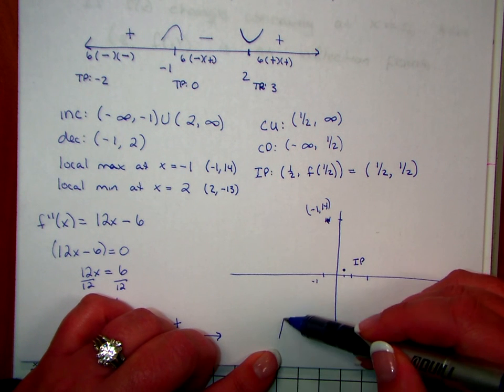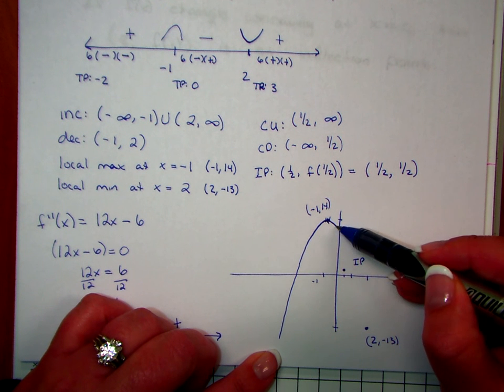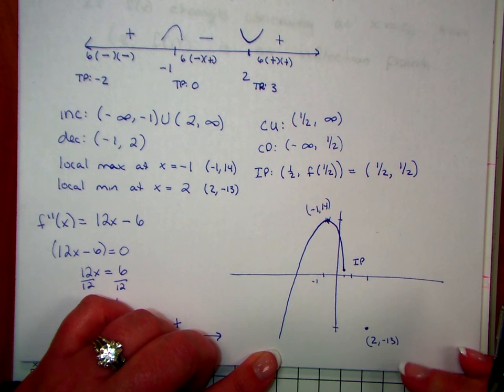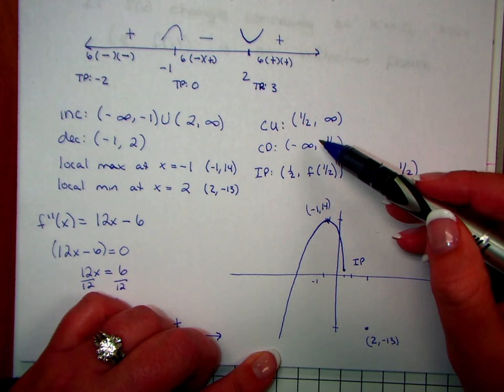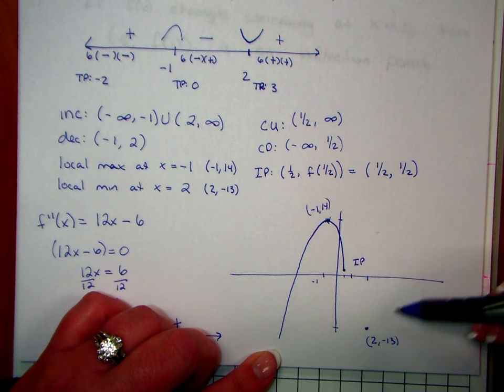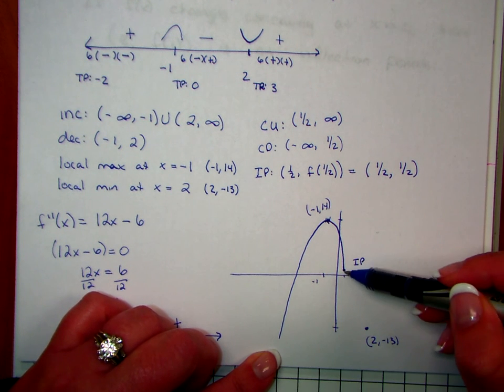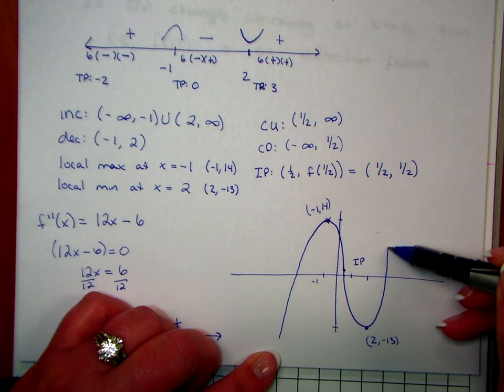So this whole part of the graph, I want to make sure I'm curving down. So we're going to come up and make it like a frown, curve it down. Now what's going to happen at 1/2? From 1/2 to infinity, it's going to turn and be concave up. So I'm going to make sure I curve it in the upwards direction at this point, so it holds water.